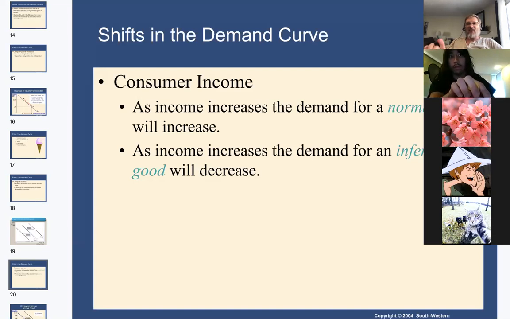I think you're actually probably right that people with higher incomes buy the new iPhone 11. You're not going to buy, I don't know, what's the worst smartphone on the market?